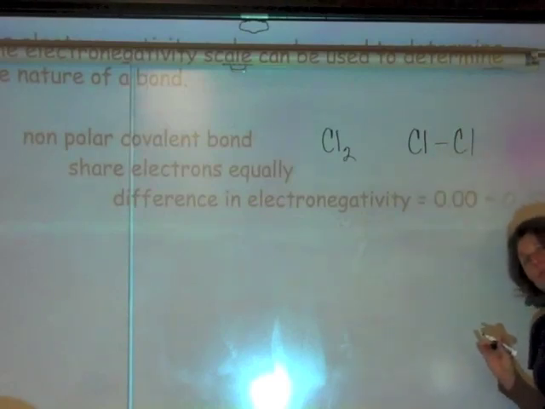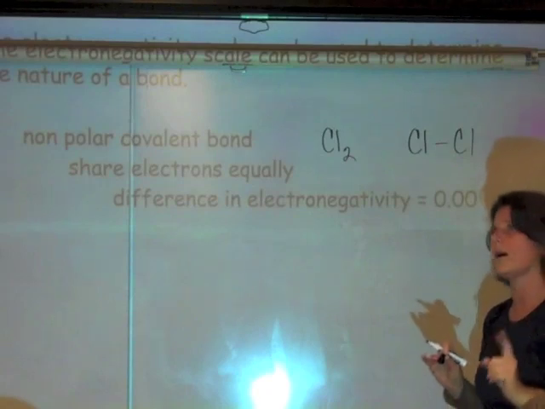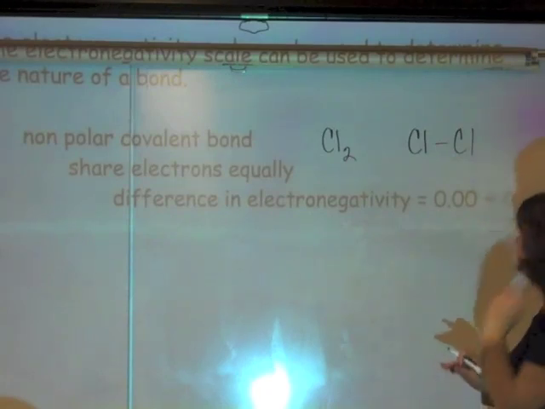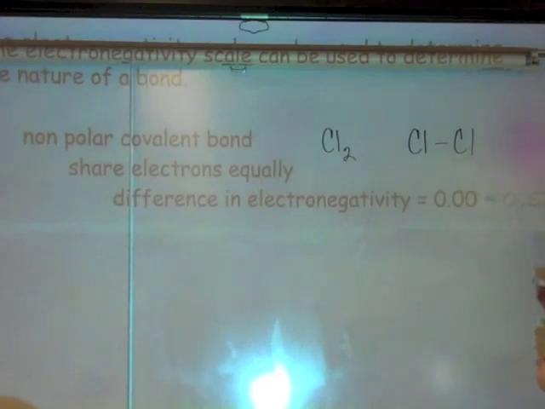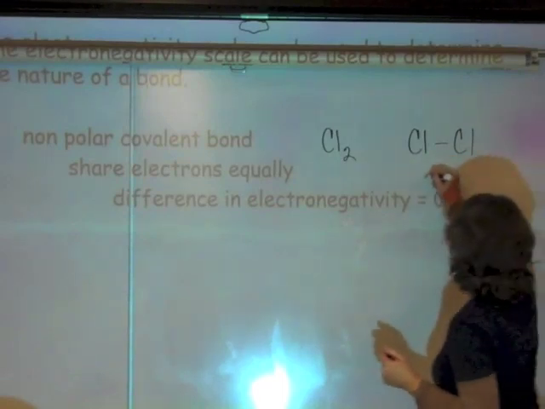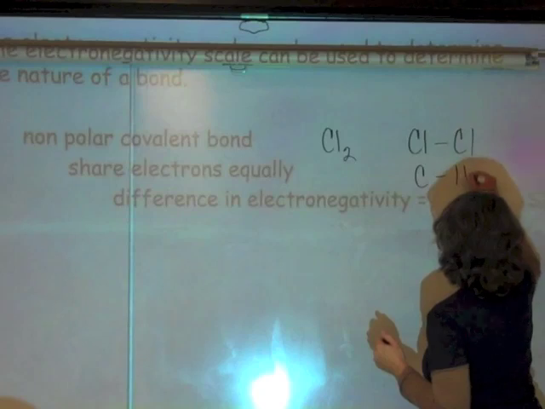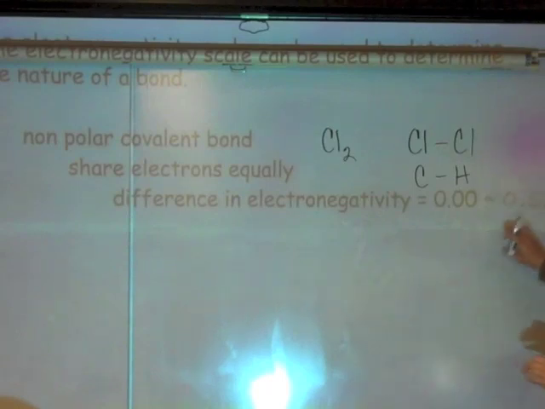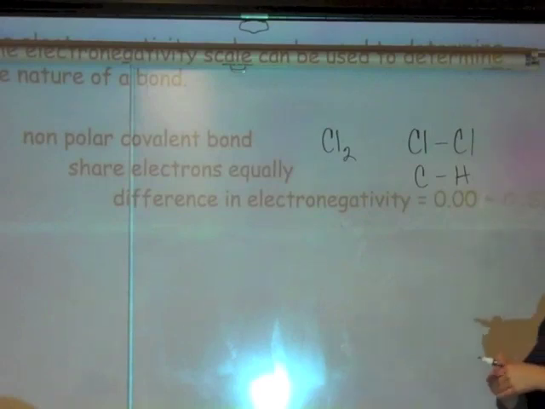Another one that is really important to keep in mind, that is also a nonpolar covalent bond, is a carbon-hydrogen bond. And this is important for lots of things that we will talk about next month. Their difference in electronegativity is less than 0.5. I think it's like 0.45 or something.